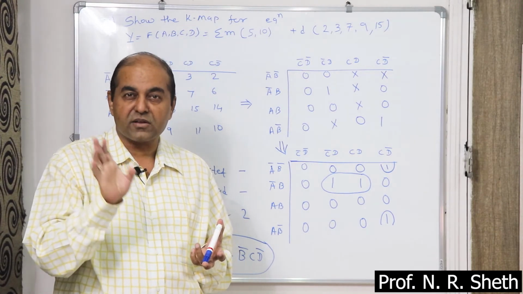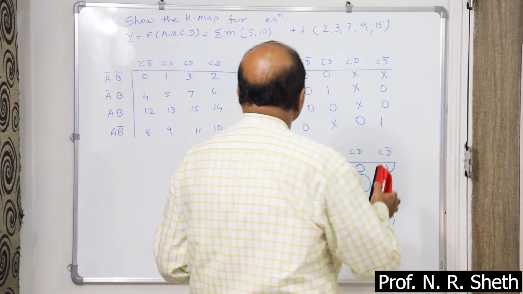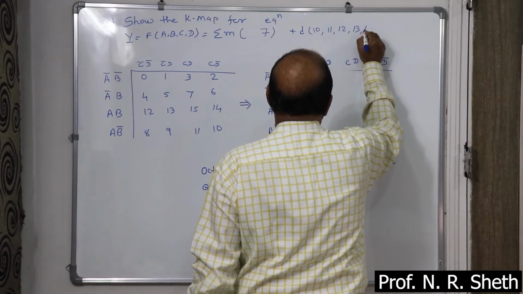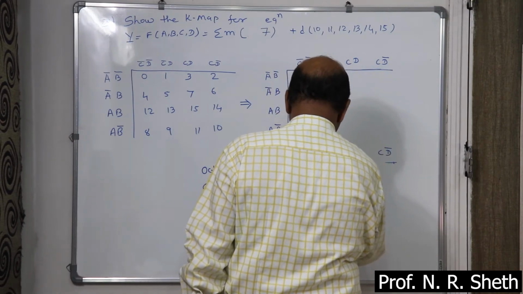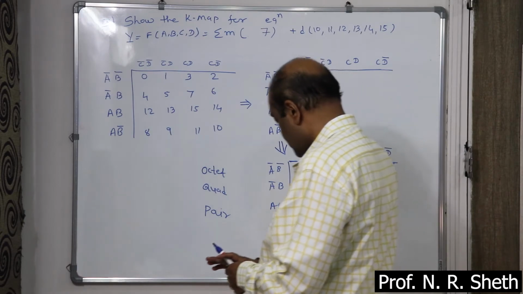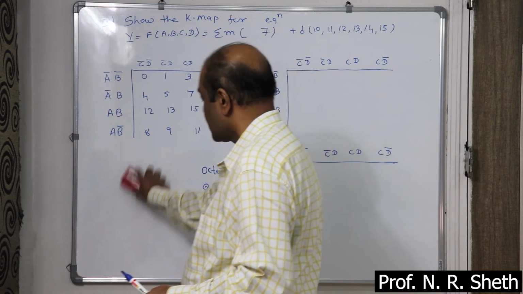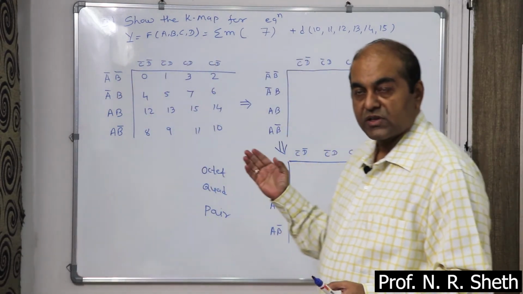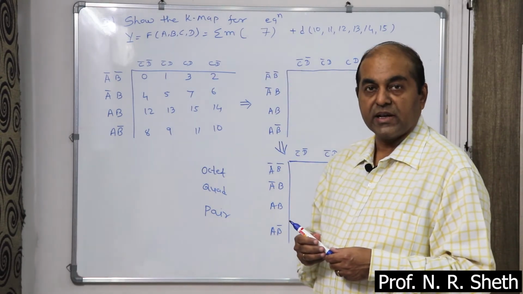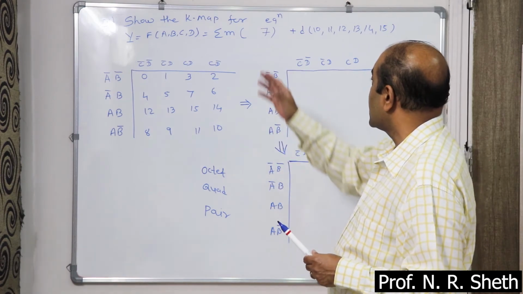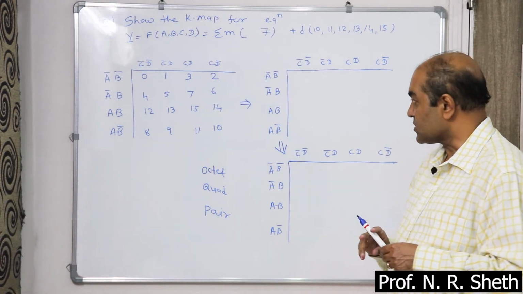Okay, well, that's the last one that is given in your textbook. This illustration is given in your textbook. Y equals to F A B C D. So a 4 variable K-map where output is high for the condition 7, and for 10, 11, 12, 13, 14, 15 it is low.